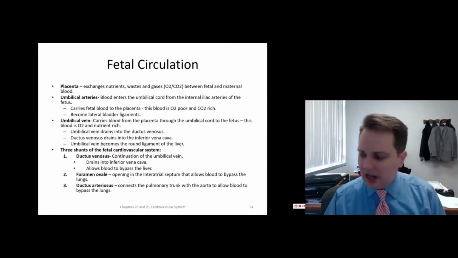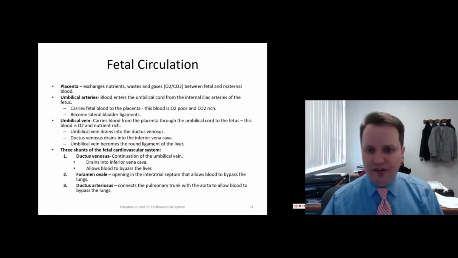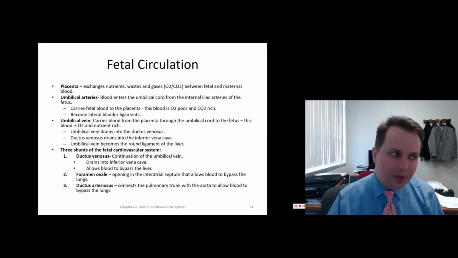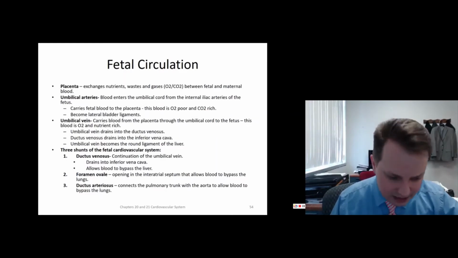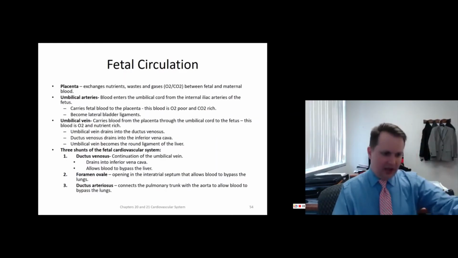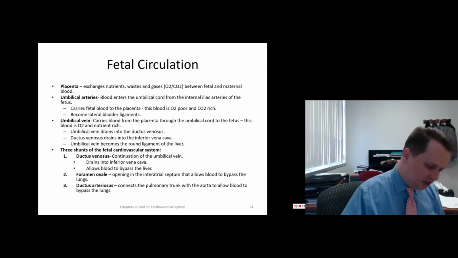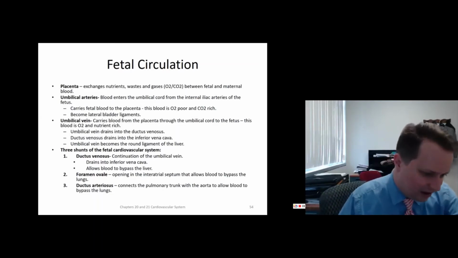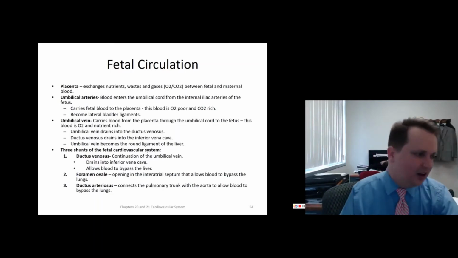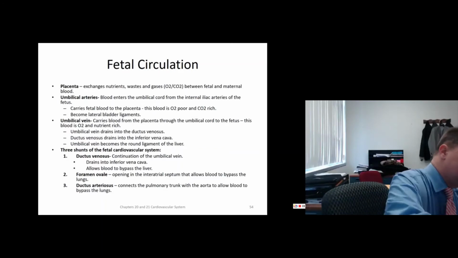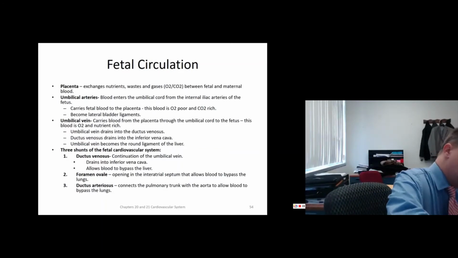Now, I've been wanting to put together a drawing for fetal circulation for some time. I don't have one done yet. I have some things I've attempted to do. I thought they would be in this stack. Somewhere I have a little pack where I've been working on some, and I've been wanting to do a YouTube video on it for some time, but I haven't gotten it where I want it.